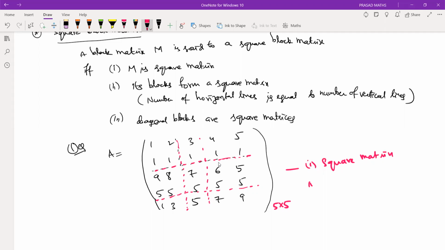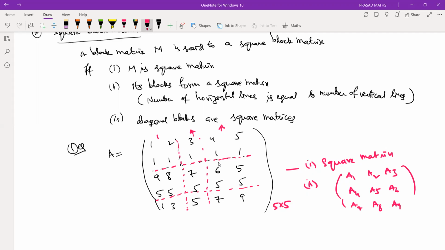What is the second one? Blocks form a square matrix. What is a block matrix here? This is A1, A2, A3, A4, A5, A6, A7, A8, A9.